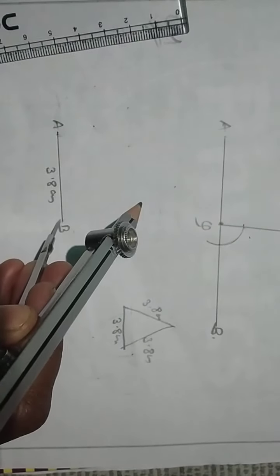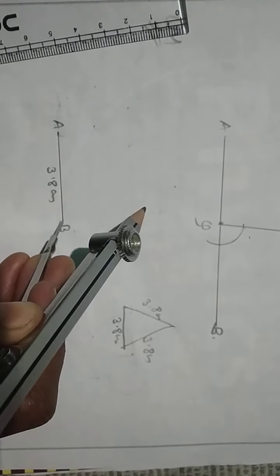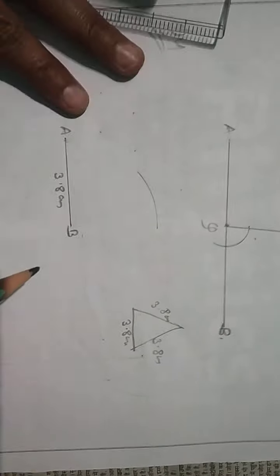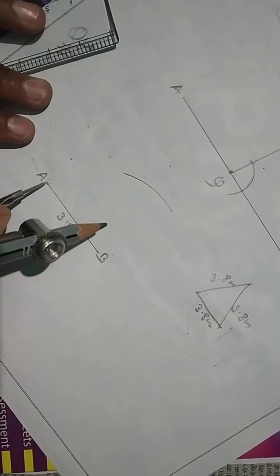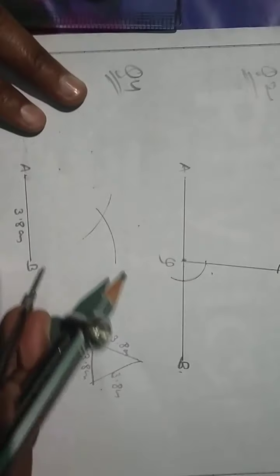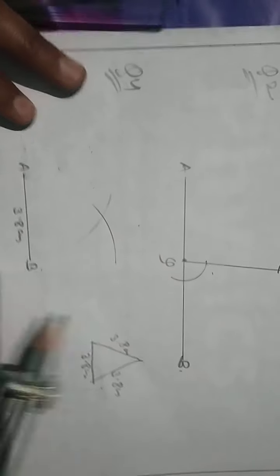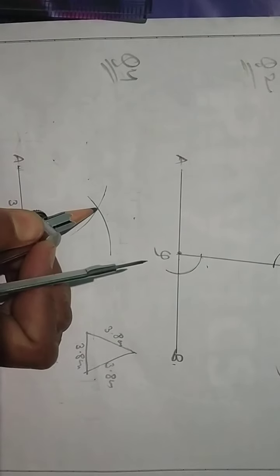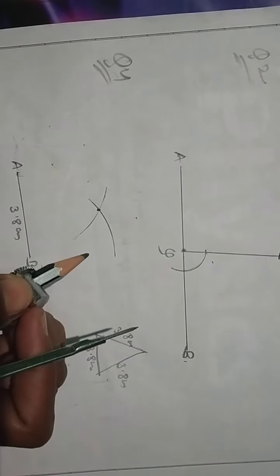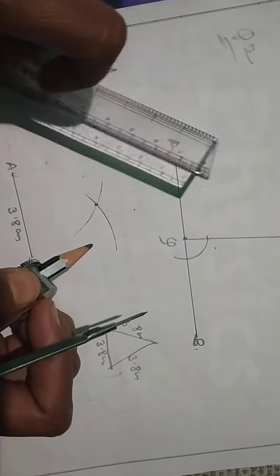Now cut an arc here. Now put your compass here. With the same 3.8 we are going to cut another arc here. Okay. Now this intersecting point of these two arcs, we have to join with A and B.